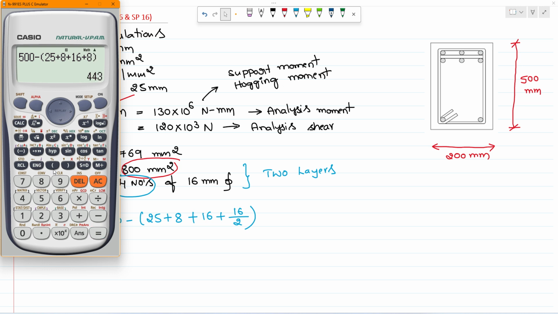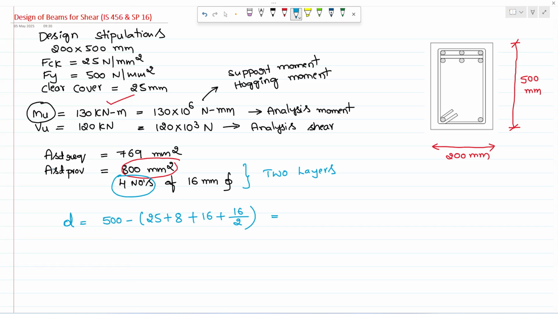So it is 443. So effective depth will be 443 mm. Okay.